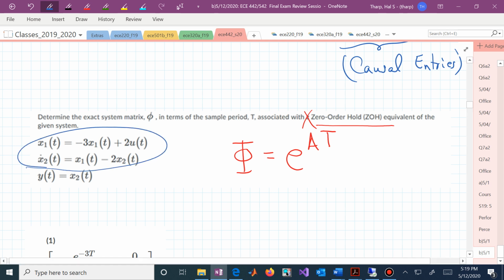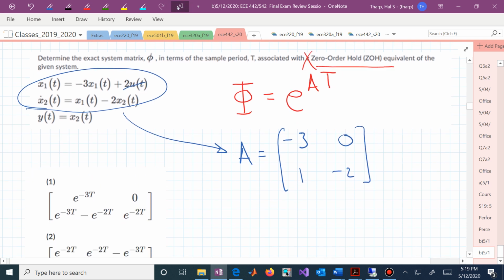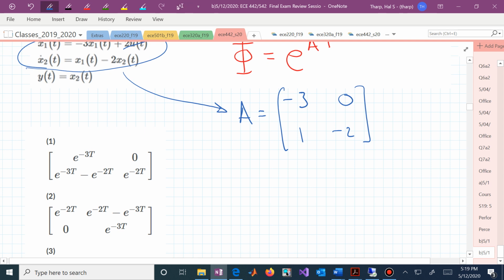Now we want to know, what's A? Well, we can find A from this continuous time system. A is now minus 3. That's an input, so that's not in our A matrix. We have a 1 there and we have a minus 2 there. Hey, this is lower triangular. That's not going to be too challenging to invert or to work through.